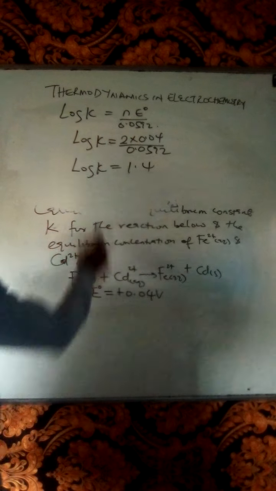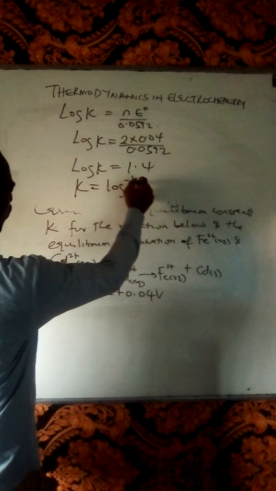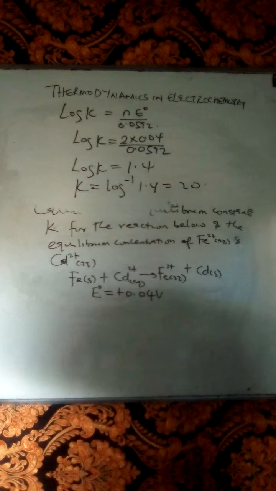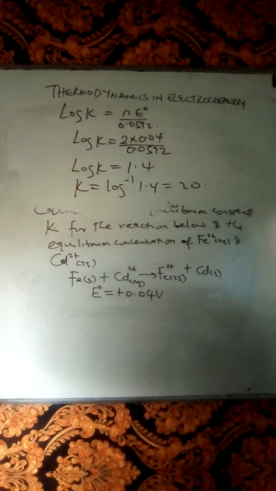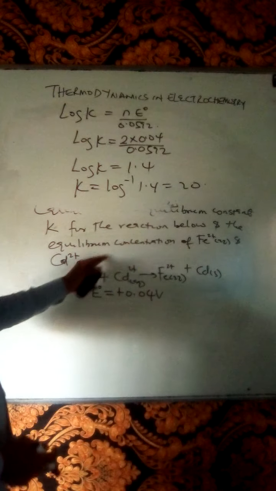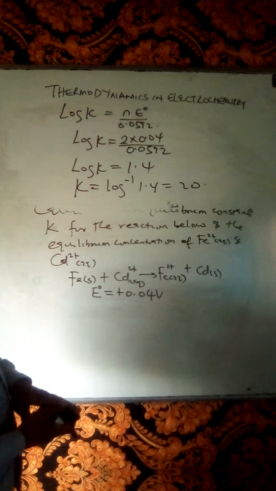So taking the log inverse, K now becomes log inverse of 1.4, that will give us 20. So this is the equilibrium constant for this equation we are asked to solve. Then we are also asked to find the equilibrium concentration of iron 2 and cadmium 2 ion.